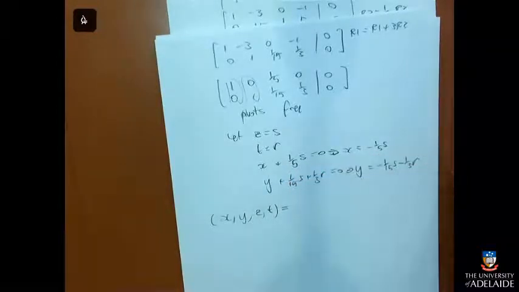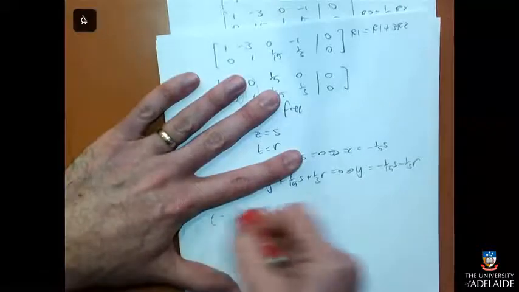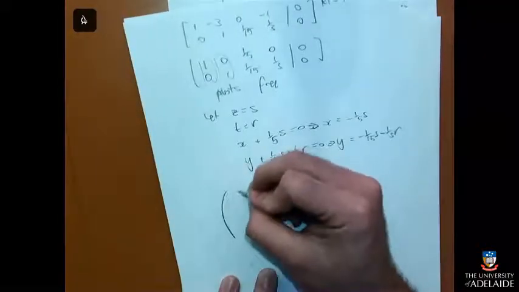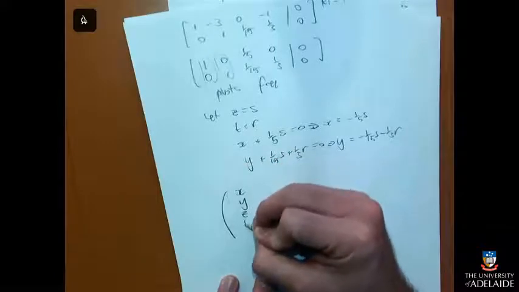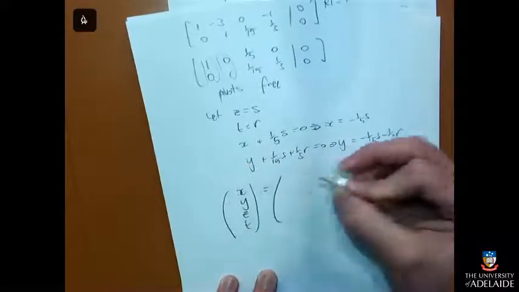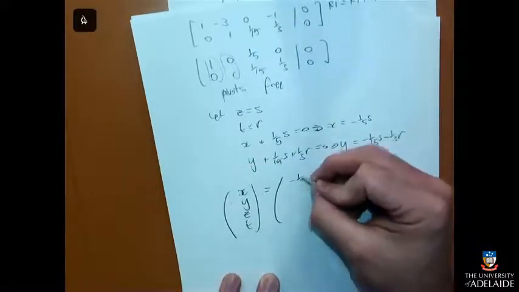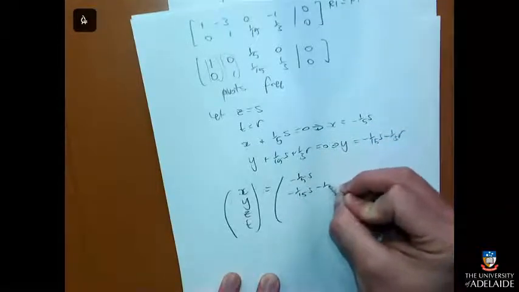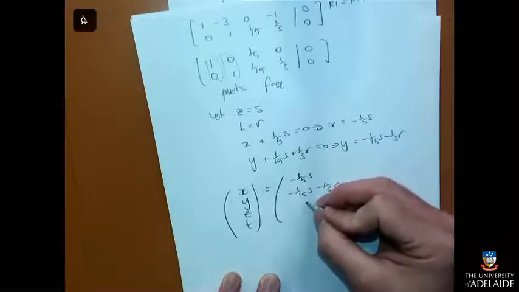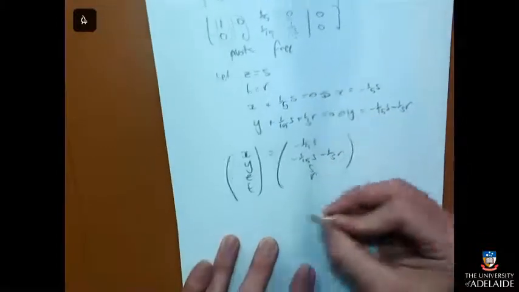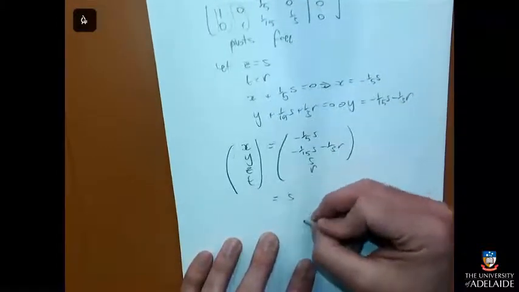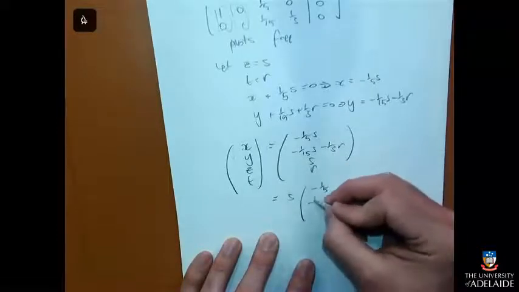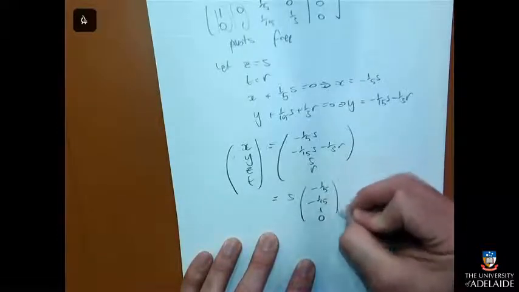I actually feel much more comfortable writing vectors as columns, because in Maths 1A, unless otherwise stated, a vector is almost always a column, and there's more room to fit things. So X is minus a fifth of S, Y is minus a 15th of S minus a third of R, Z is S, T is R, and I get S times (minus a fifth, minus a 15th, 1, 0).